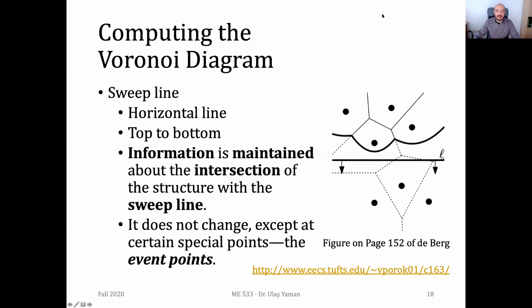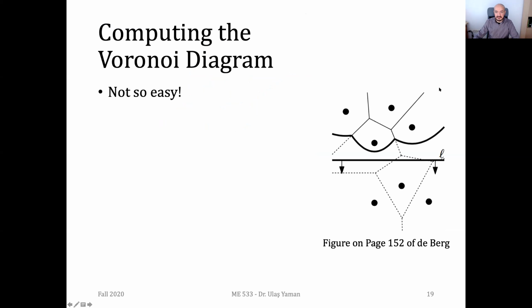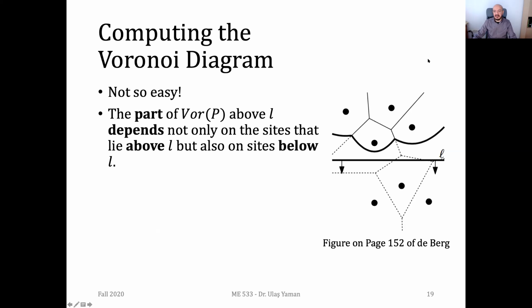Okay, here we continue with the slides. So as you have seen on the animation, it's not easy actually to do such computations in a proper way, but we will come up with a nice algorithm. The important thing about this sweeping line this time is that the part of the Voronoi diagram above this imaginary line L depends not only on the sites that are above the line, but also on the sites underneath the sweeping line.